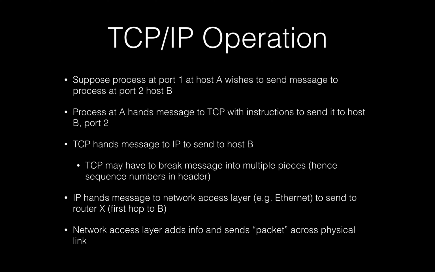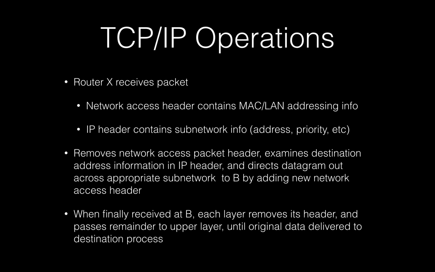IP hands the message to the network access layer to send to router X, the first hop to B. Then the network access layer adds info and sends the packet across the physical link. Router X receives it and goes through the flow that I just called out. So this is just an explanation of what is going on.